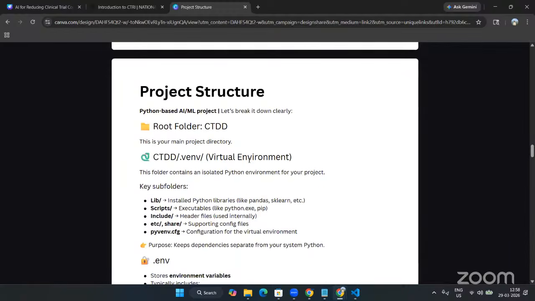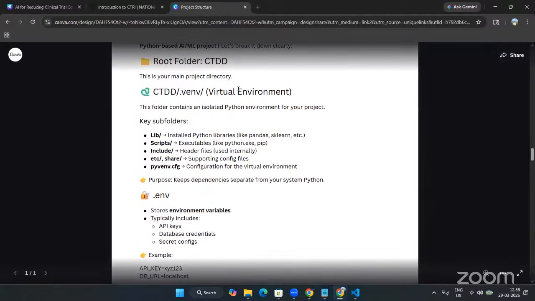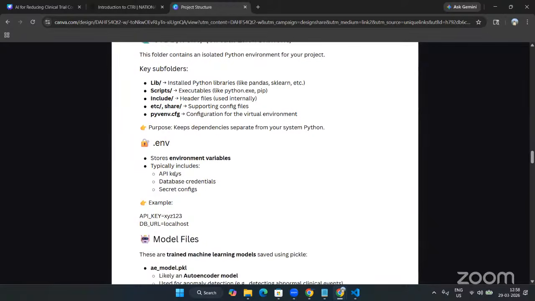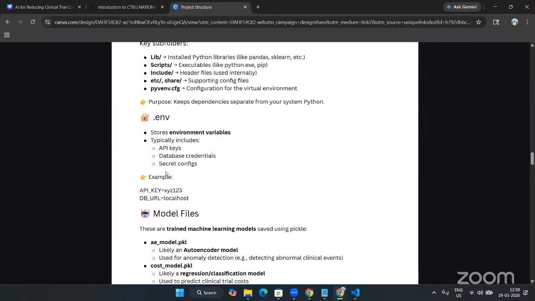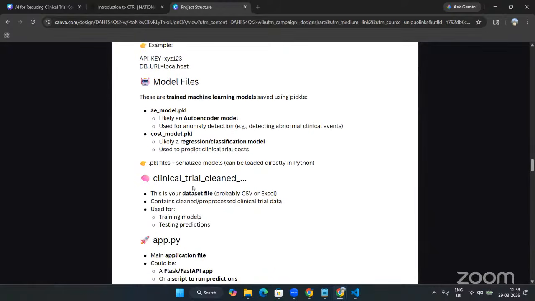The project structure, if you technically want to understand, you can go through this. It has a root folder, which is ctdd, and then some key subfolders: lib, scripts, include, etc, share, and venv for the virtual environment. The .env stores environment files, then model files are kept as ae model pkl and cost model pkl, and the clinical trial cleaned csv file is the data set.